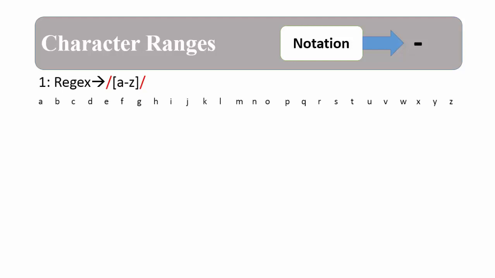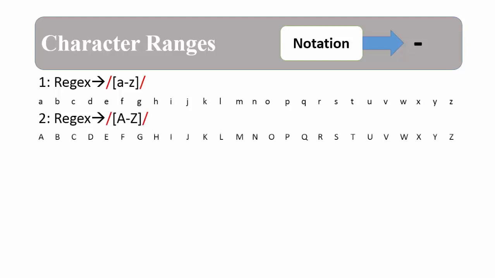Now if you want to create a range for the upper alphabets, you have to make the range denoted by capital A to capital Z, and put a dash between them. So this regex will match all the alphabets from capital A to capital Z. Now if you are not sure whether you need lower or upper ranges, you can mix them up like this.